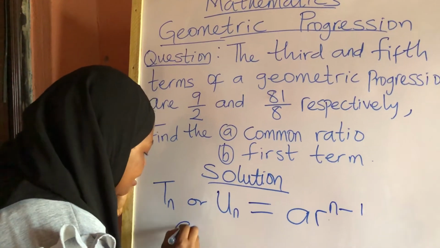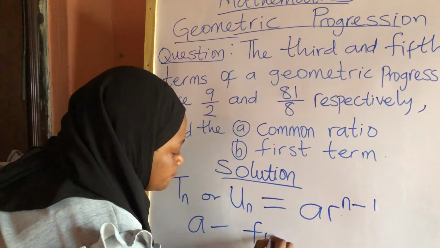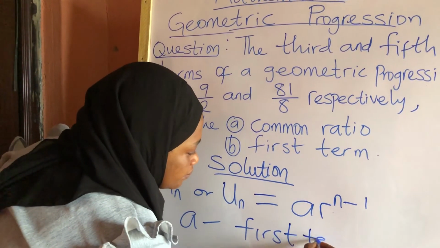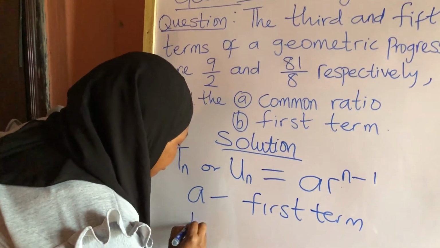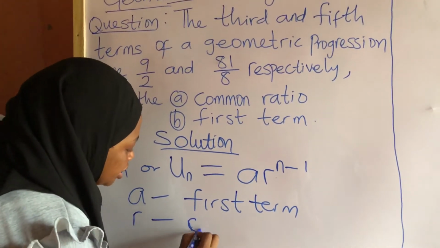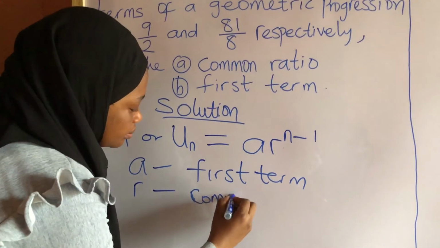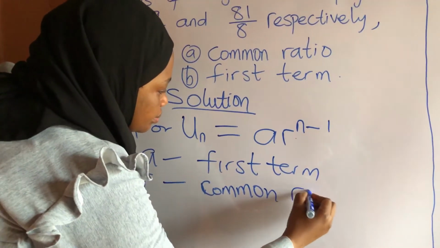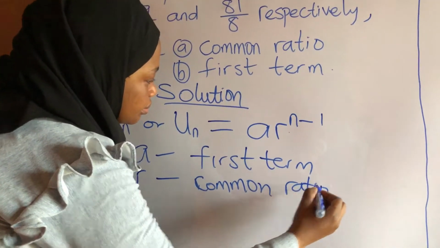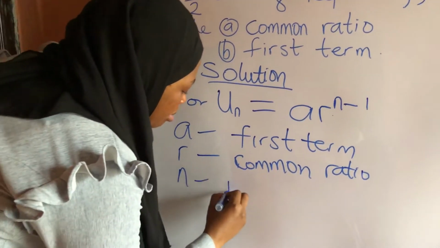Where A is the first term, R is the common ratio, n is the number of terms.